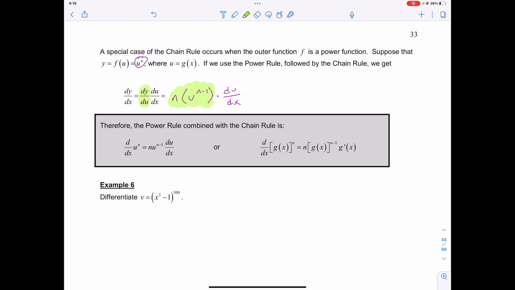So, d over dx of u to the n is equal to n u to the n minus 1 times du over dx, or we can say d over dx of g of x to the power of n is equal to n times g of x to the power of n minus 1, all multiplied by the derivative of g of x.